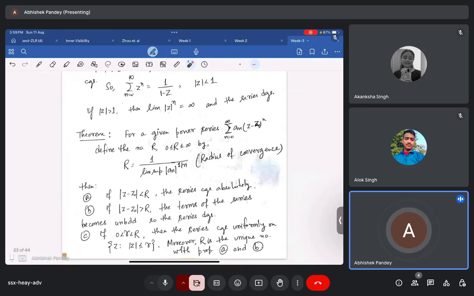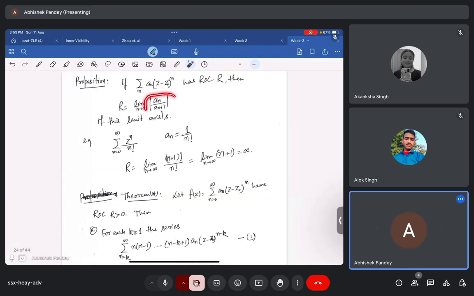Here we are taking the limit superior of mod a n to the power 1 by n. This is the well-known formula. But if the limit of mod of a n upon a n plus 1 exists, then this becomes the radius of convergence. For an example, you can take these things.